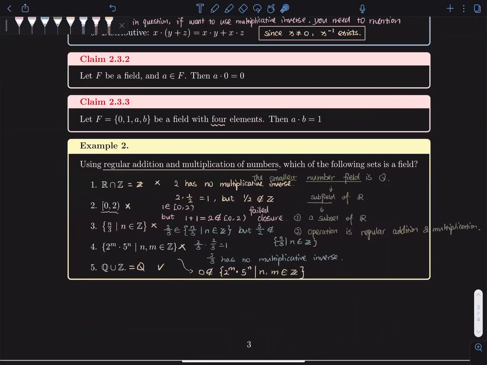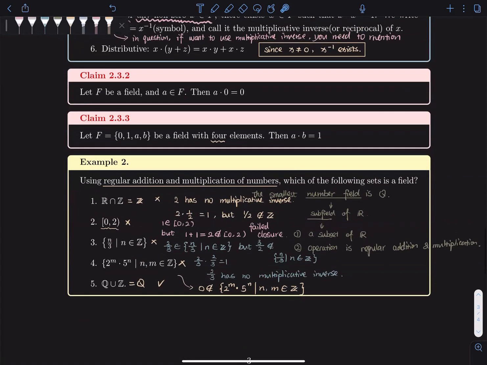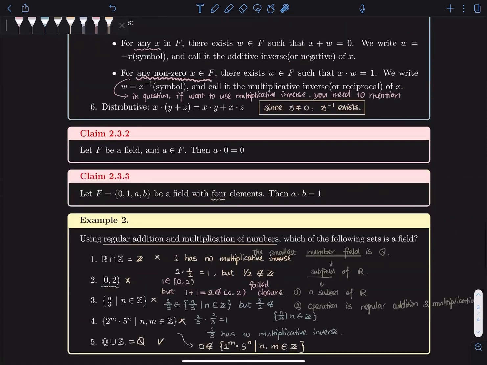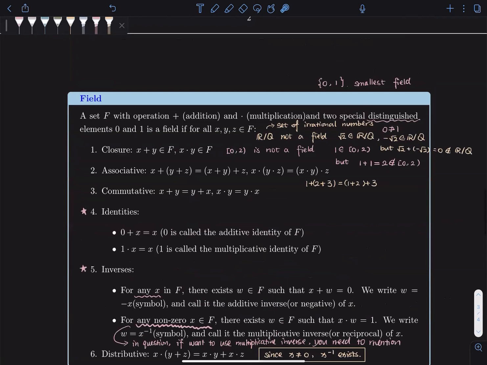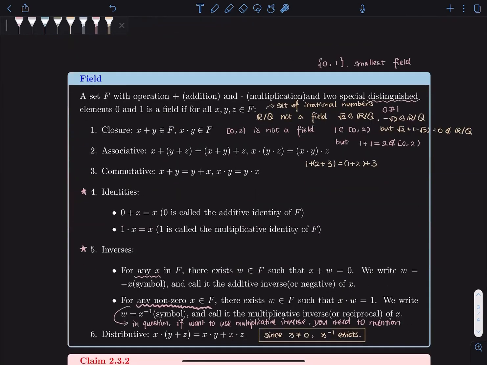Anyway, what I just said is Q is a field, and this is how you can check. For example, maybe I'll check closure for you. For any elements in Q, you can write them as m over n.